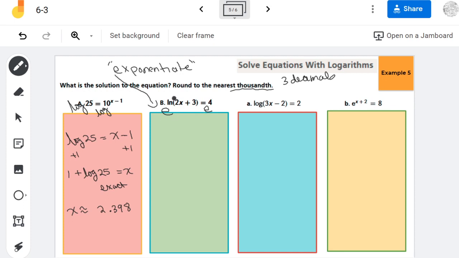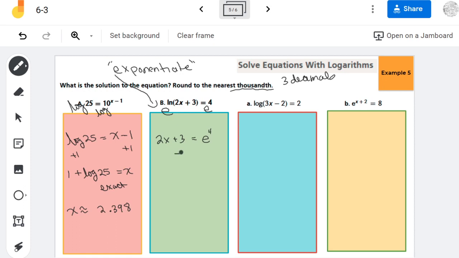On the left-hand side, the e and the natural log cancel each other out, and I'm left with 2x plus 3. And on the right-hand side, I'm left with e to the 4th. Now, you're going to be tempted to put that into a calculator right away. You want to hold on until the end of the problem, because if you round in the middle, you're not going to get the precise solution that you're looking for.